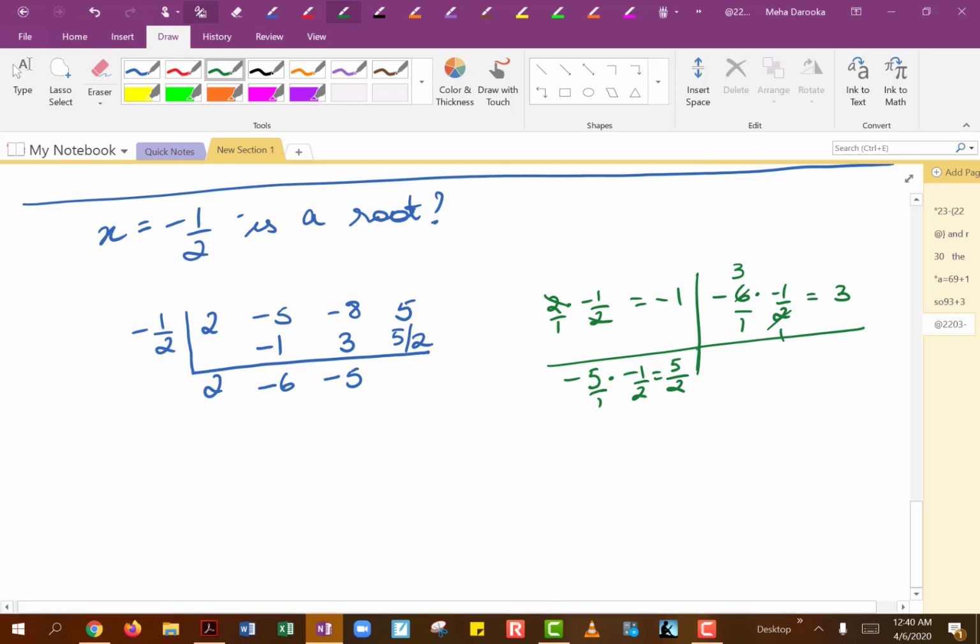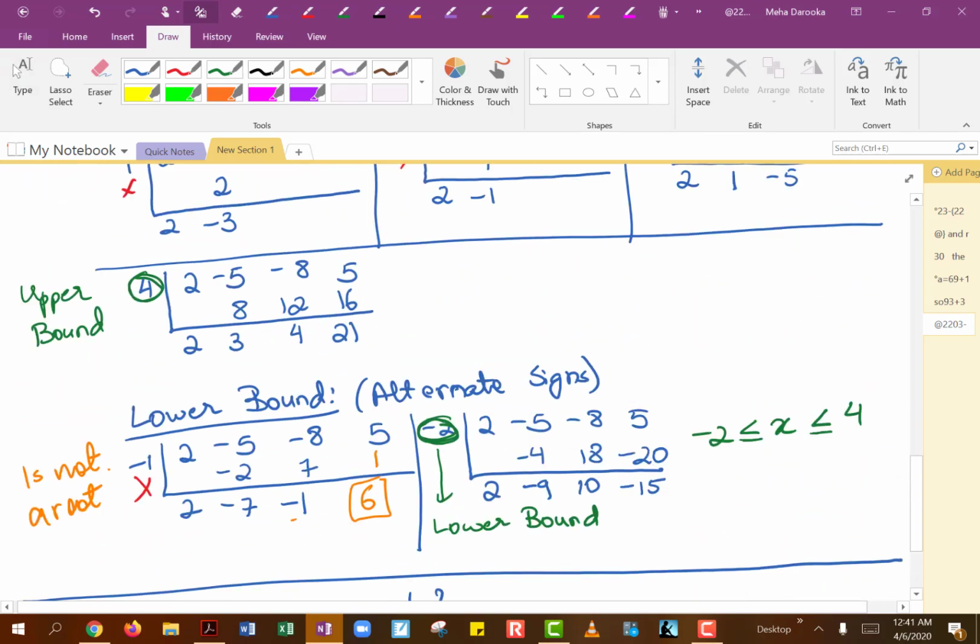So now I am adding 5 with 5/2. So find your common denominator, and since you're adding, you know you're not getting a 0, because you'll end up getting 10 plus 5 over 2, which is 15 over 2. So not a 0 remainder, right?